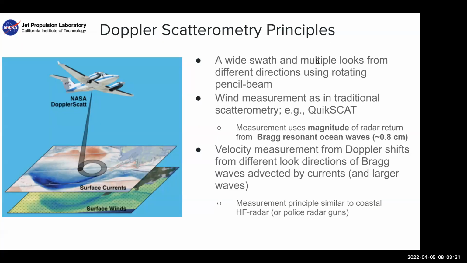So the problem that altimeters have, or SARs, is that they measure very precisely over a very narrow area. Scatterometry was really a breakthrough in this, in that it enabled, by using pencil beam rotating antennas, to cover the entire world within one day.